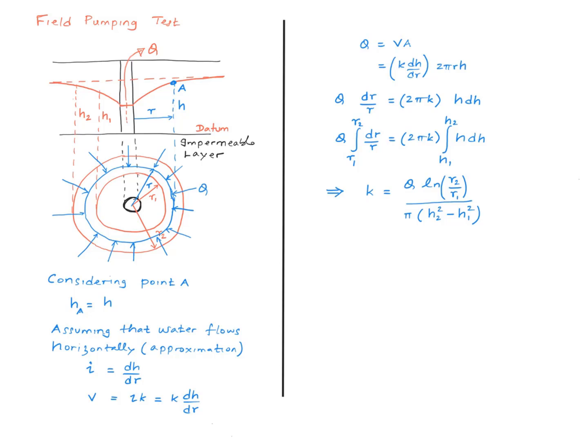So in terms of details, this is a fairly simple test, but one thing to note here is that you are not really measuring the permeability at a point, you are measuring the permeability of the whole soil deposit in an average manner. So I have made a note here for you to read.